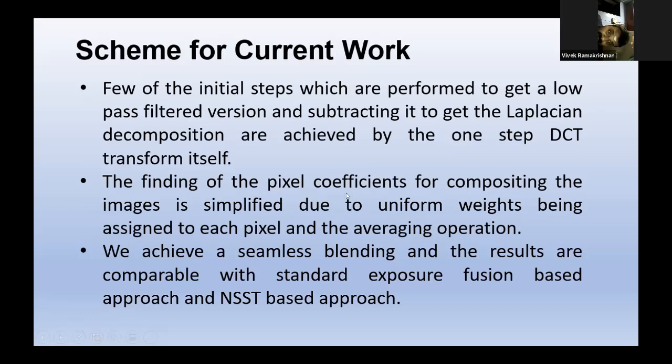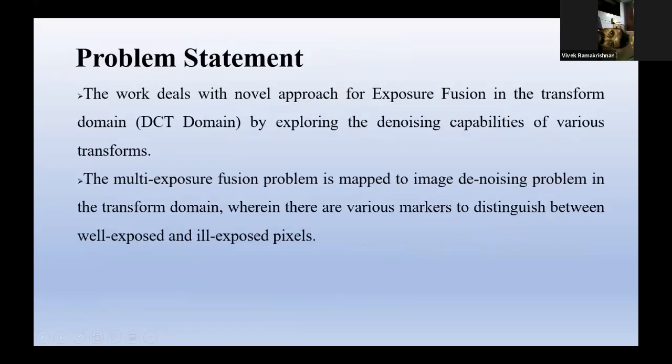Then the next step of finding the pixel coefficient for the compositing purpose is basically given by assigning the uniform weights, because each pixel is assigned the uniform weights and there is an averaging operation observed. And basically you can observe a seamless blending, where the results are comparable with the standard exposure fusion based approach and the non-subsampled shearlet transform based approach.